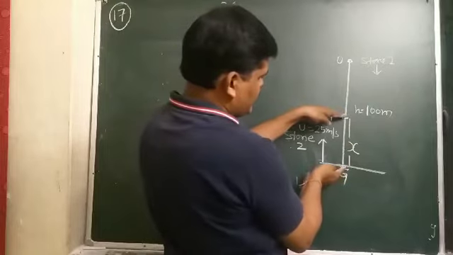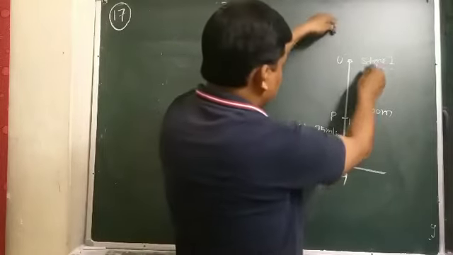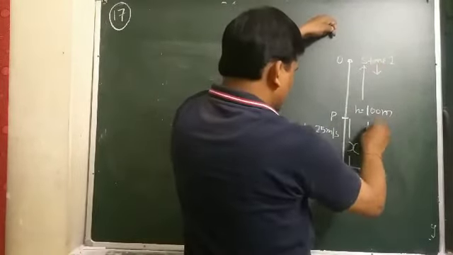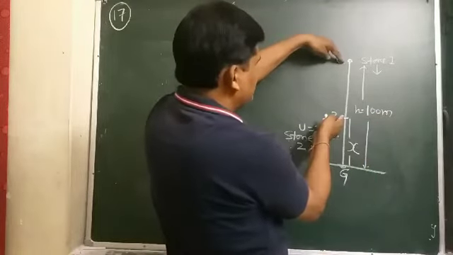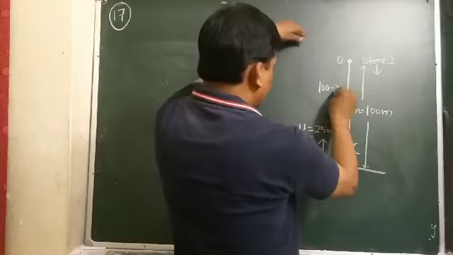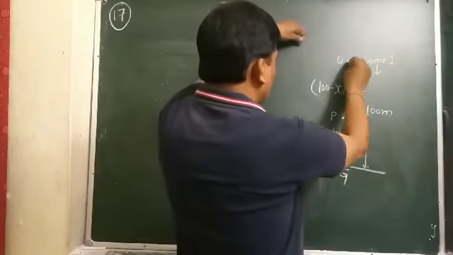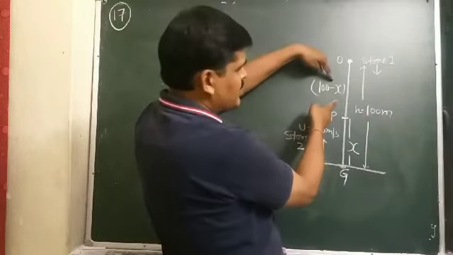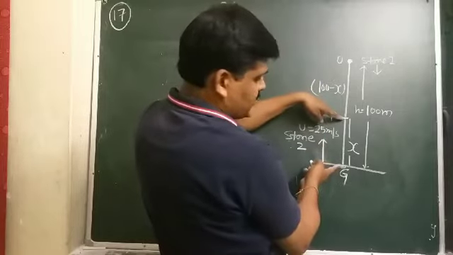So this distance is x, and total height is 100. So this distance is 100 minus x. So the O to P distance is 100 minus x.